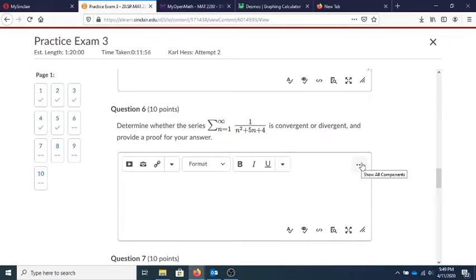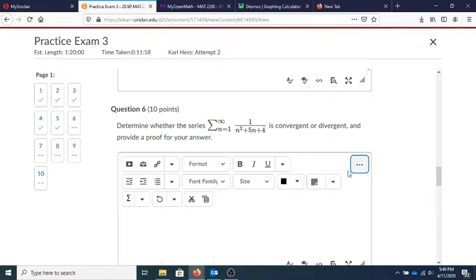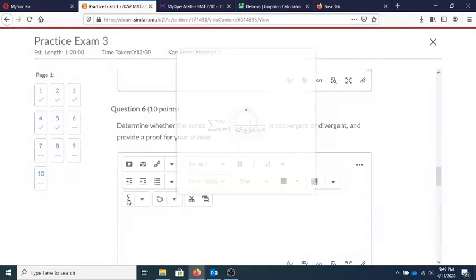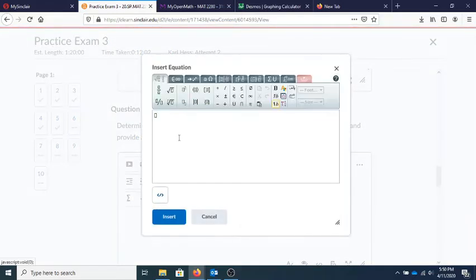So here's what I'll say. I'll click my 3 dots, I'll click my sigma, and I'm going to reproduce that fraction. So 1 over n. Now I need a square, so I'll click my superscript button, and then I'll arrow over to get out of the superscript. 1 over n squared plus 5n plus 4.